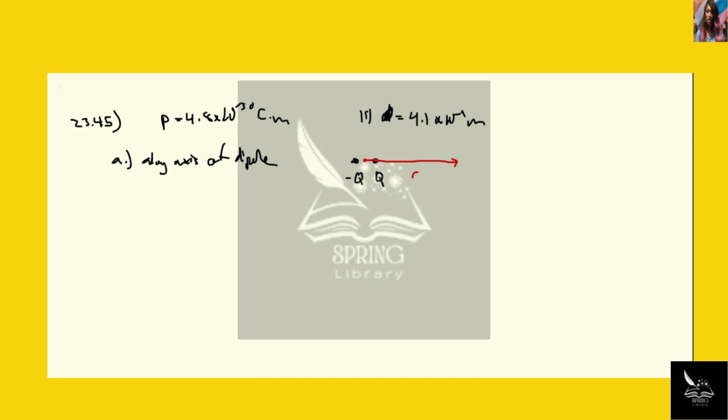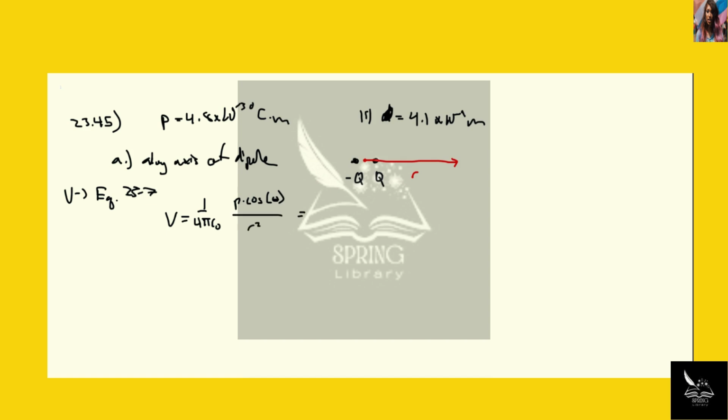Okay, so the equation for potential for a dipole is given by equation 23(7). And that's V equals 1 over 4 pi epsilon naught times the dipole moment times the cosine of theta, which is the direction of the r vector compared to the direction of the dipole axis, all over r squared.